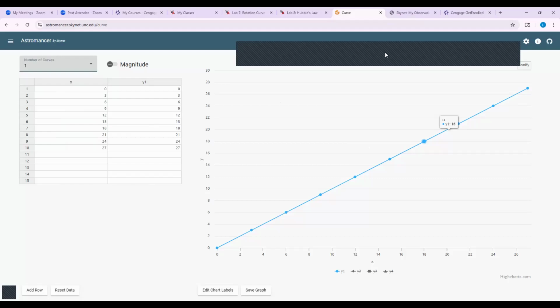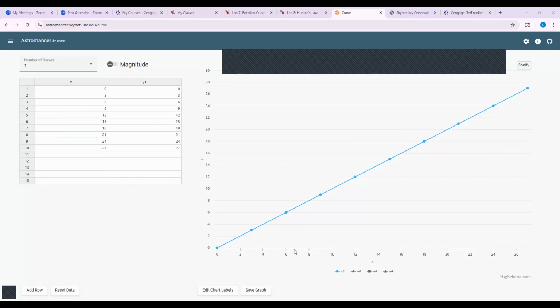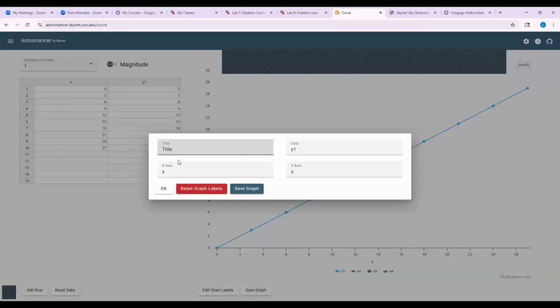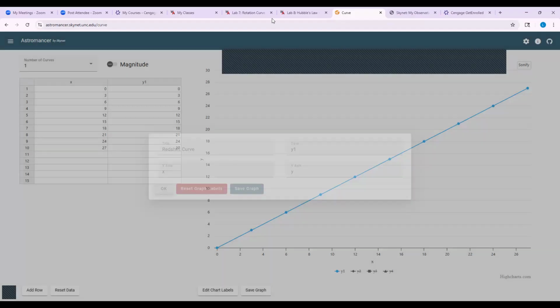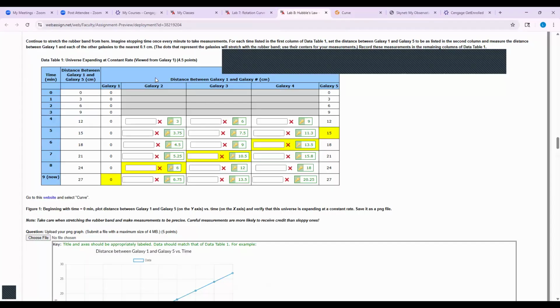You can add to this graph as needed, and you can edit the graph titles here, for example the redshift curve. Let me make sure I put it correctly: distance between Galaxy 1 and 5.